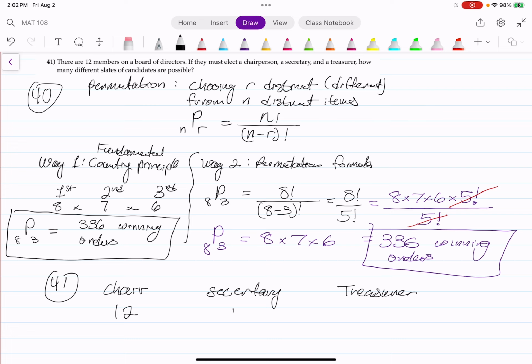So there are 11 people eligible to be secretary, and then 10 people eligible to be treasurer. Also, the order does matter, and these are distinct positions because the chairperson is the leader, the highest position. We multiply the number of outcomes for each event, and that equals 1,320 possible slates.